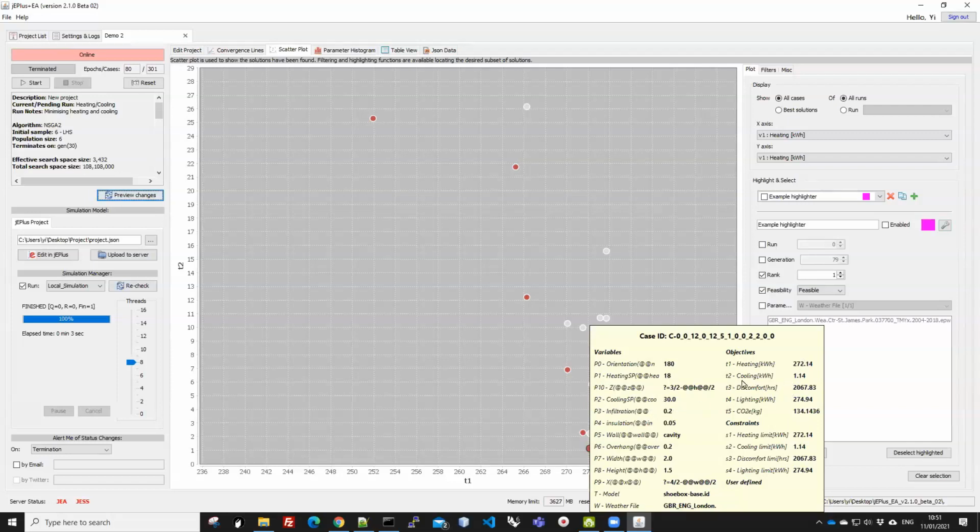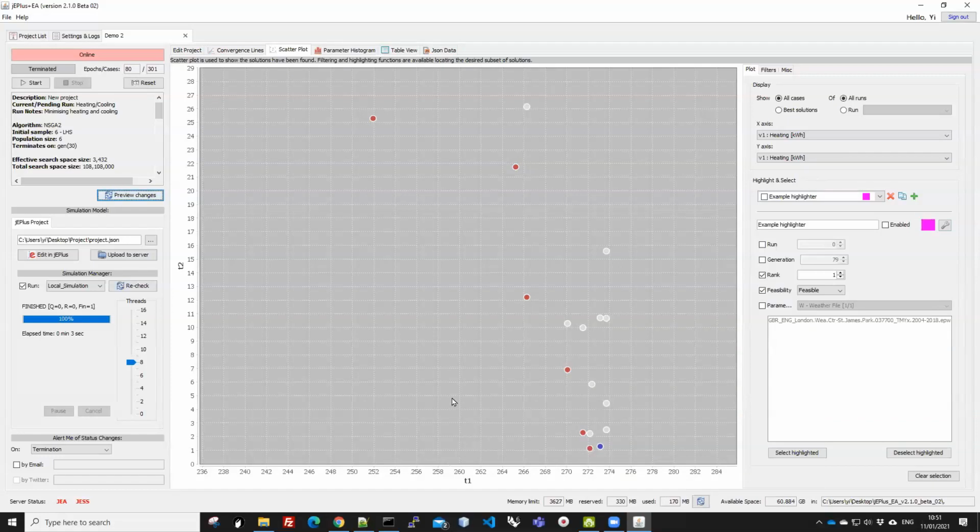It gives us the lowest cooling outcome, and the heating consumption is much higher than the other case, which we would expect. The only change between this case and the one we saw just now is the orientation.